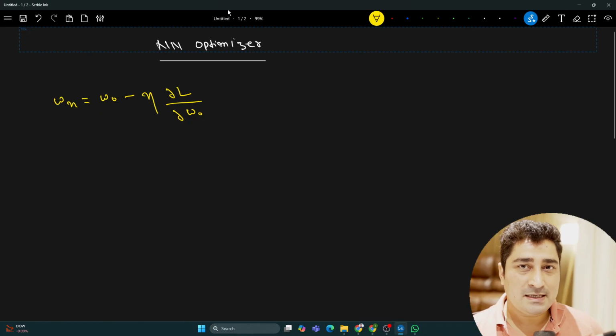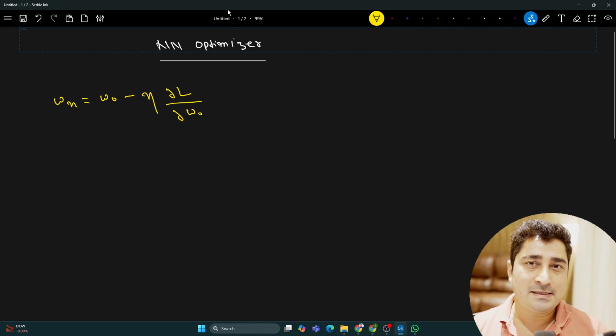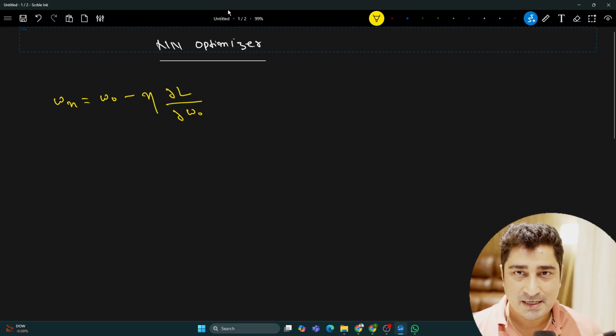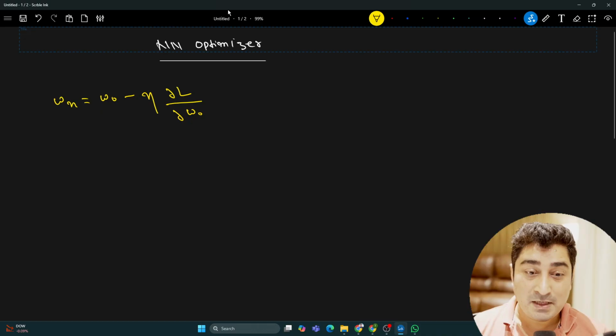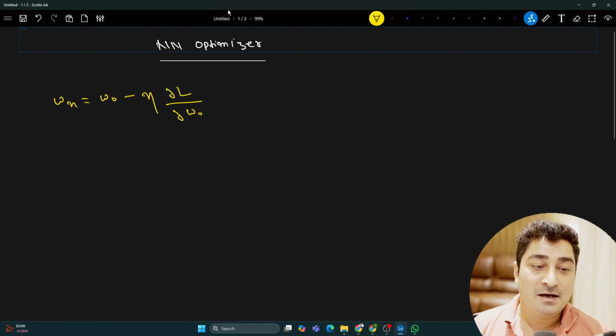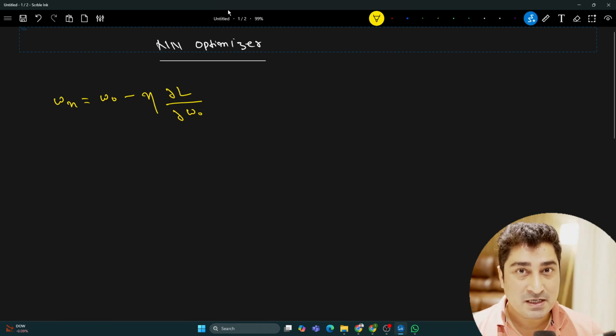So an optimizer is an algorithm, or technically a mathematical function, which minimizes a loss, right? It helps me minimize the loss by adjusting the weights and biases of a neural network during training.